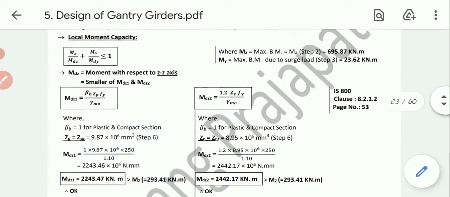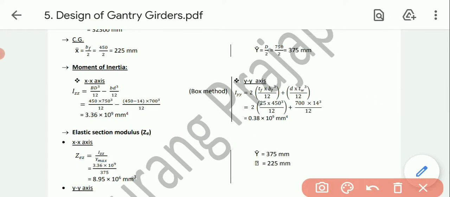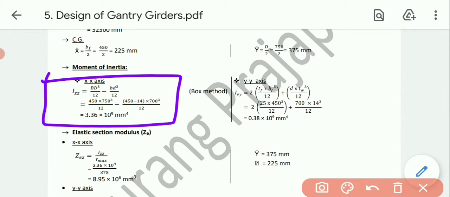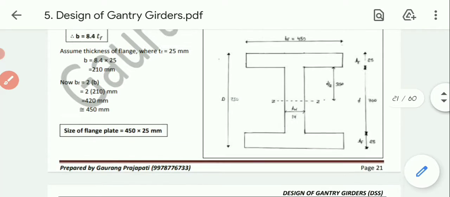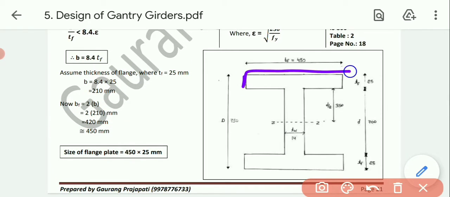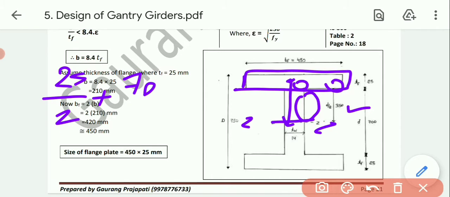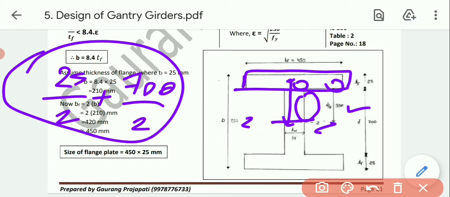First of all, Izz, in step number 6 we got the value of Izz over here, 3.36 into 10 raised to 9 mm raised to 4. Then Y bar, it will be from the center of the flange to the ZZ axis, this dimension. So it is tf by 2 plus d by 2, 25 by 2 plus 700 by 2, that will be Y bar.